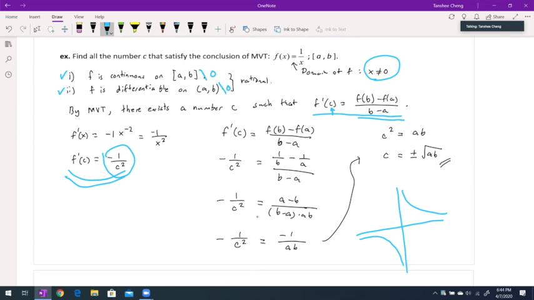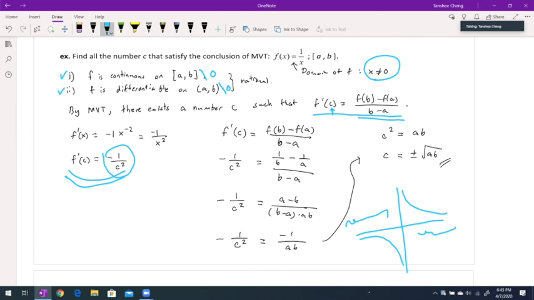Here's a. If my interval is on this side, I will get one value, and if my interval is on this side, I will get another value right here. So I have two of them, depending on whether your interval AB is on the left hand side or the right hand side.